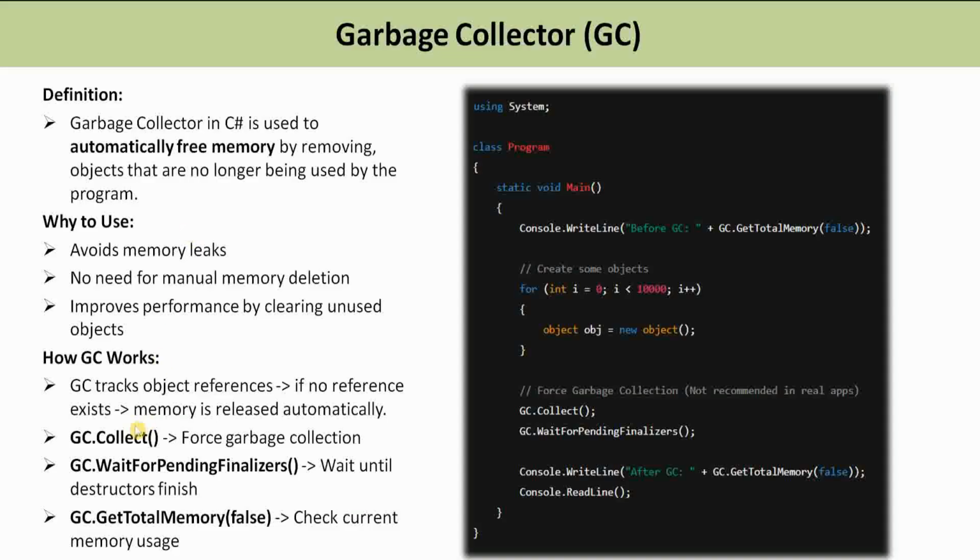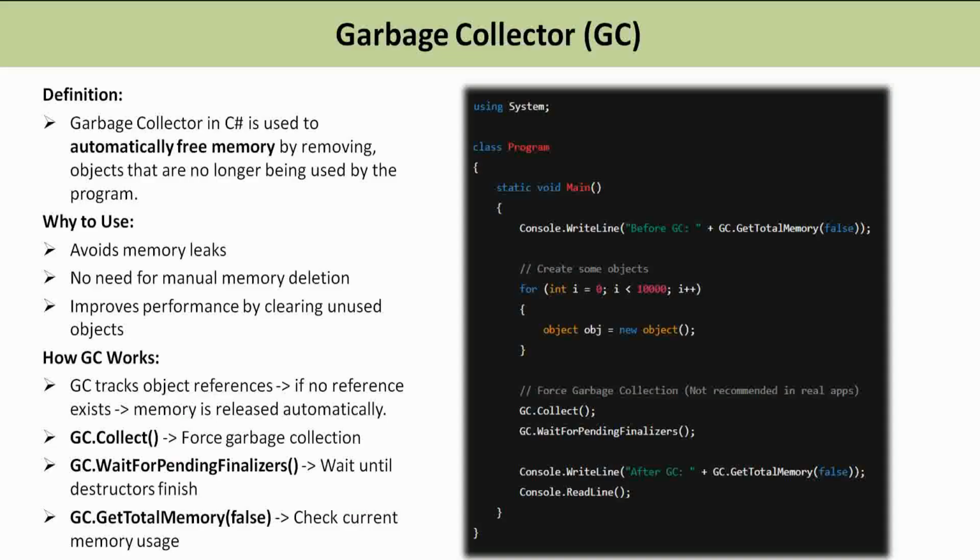We can also do that manually, but it is not recommended, because if we use these methods manually again and again, it will slow down the performance of the application. First method we have is the GC.Collect method, which forces garbage collection. If we call this method manually, it will forcefully check where the objects are not going to be used further.